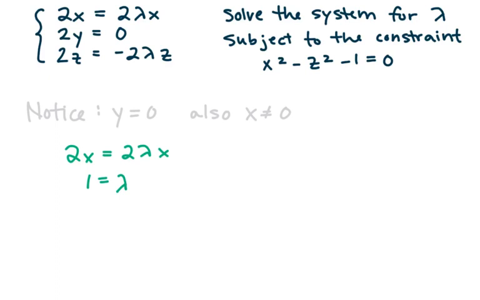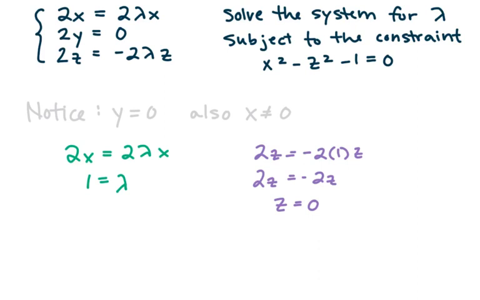And if I let that lambda equal 1 and plug it into my third equation, that gives me 2z equals -2 times 1 times z. 2z equals -2z. The only way we can make this work is if z is also equal to 0.